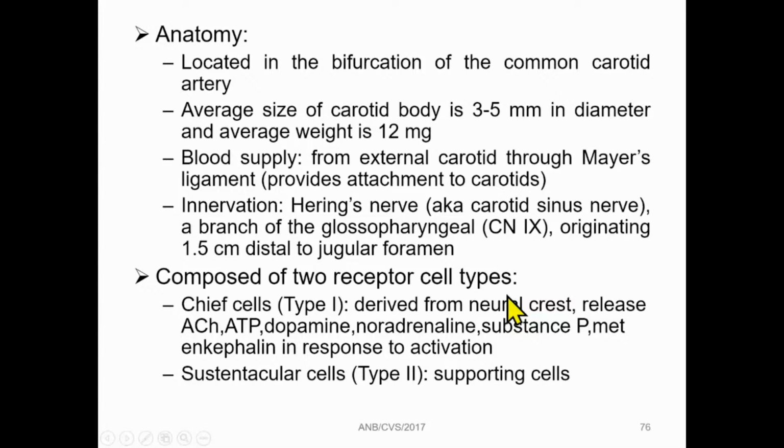On stimulation, they release acetylcholine, ATP, dopamine, noradrenaline, substance P, and met-enkephalin in response to activation. The type 2 cells act as the sustentacular cells, or supporting cells.